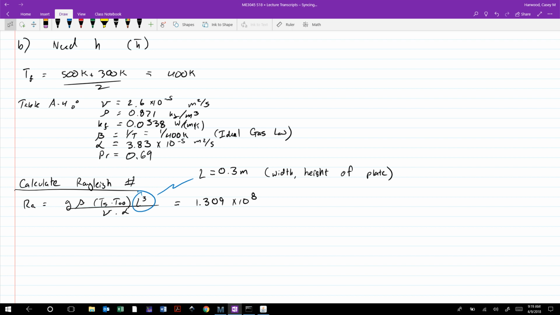We're less than that, so we're going to be looking for a Nusselt number correlation in laminar flow for a vertical plate. Those two facts are what are going to direct us to the equation that we're using for the Nusselt number.